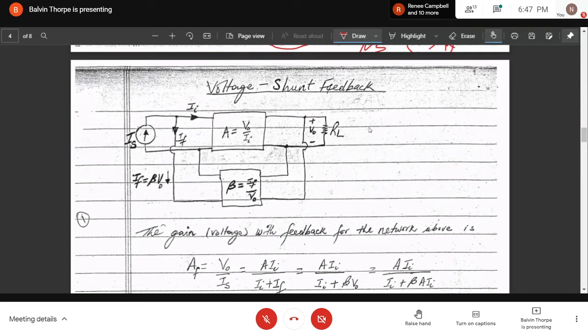And then I asked, what's the gain of the network? VO over IS. Absolutely. Yes, sir. Don't worry about the units, right? The variables right now. All right, sir. Just put that the gain of the network with feedback is VO over IS.